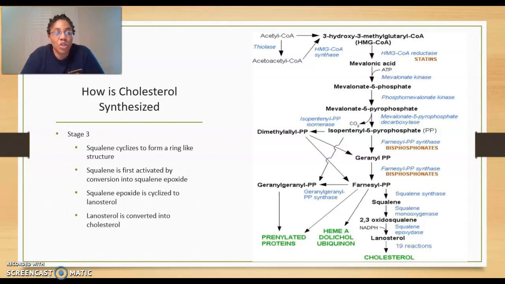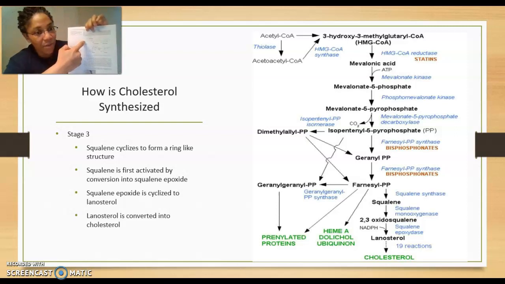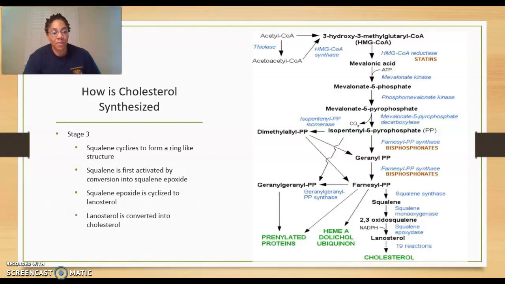The third stage is where squalene cyclizes to form a ring-like structure. Again, I wasn't able to pull that up, so I'll kind of show it on here. So you have this ring-like structure. Squalene is first activated by conversion into squalene epoxide, which is right here, which is 2,3-oxidosqualene.